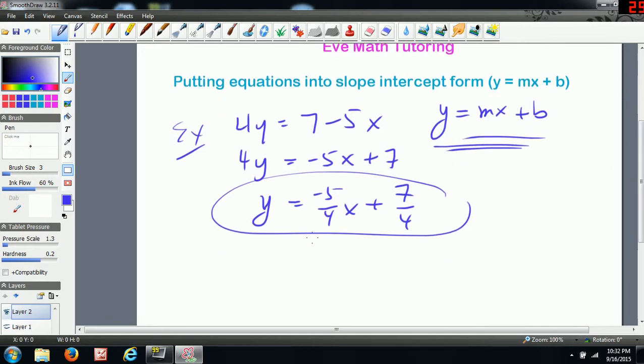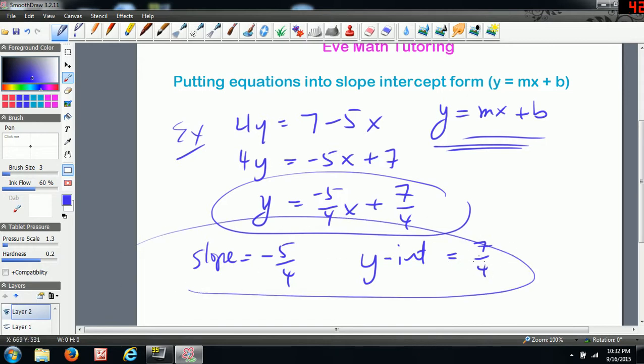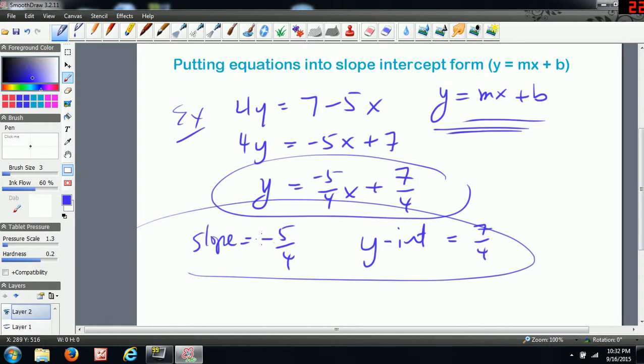So that means the slope of this equation is -5 over 4, and the y-intercept is equal to 7 over 4. Okay, and seeing that, we can go ahead and graph the equation using this information.